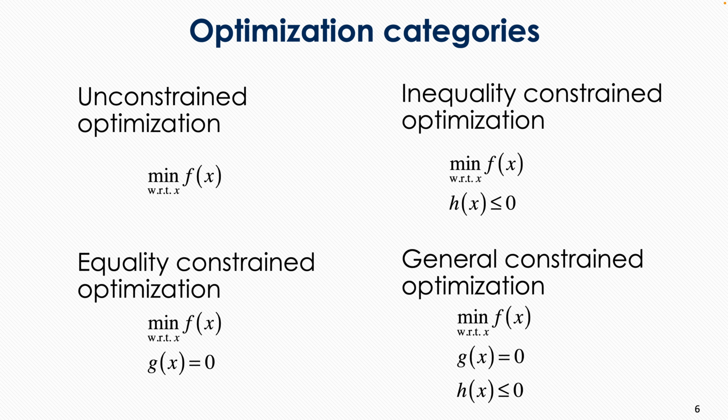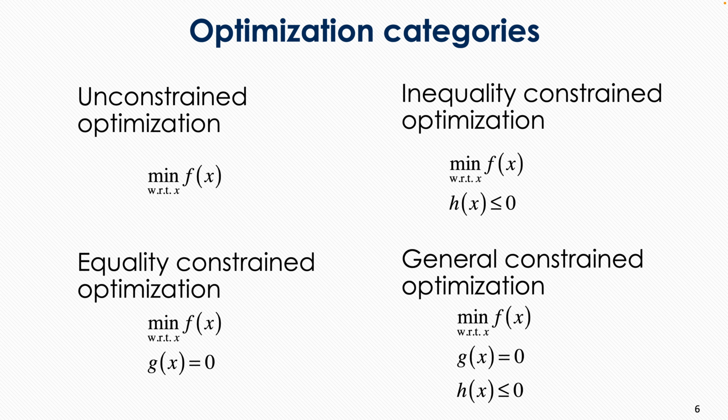And you can have what are known as equality constraints, where basically you have an equal sign in your constraint. You can have inequality constraints where you have less than or equal to or greater than or equal to in your constraint. And then you have a general constraint optimization. So hopefully that's pretty straightforward.